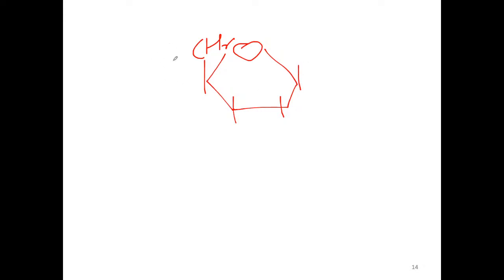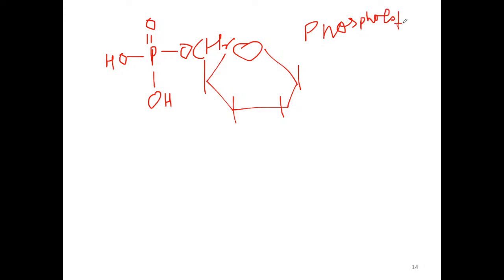Here we just put O, P, O, H, then O, H, double bond O. Here we have no sugar bonds upstairs, so it remains like that. So this is your phosphoester linkage.